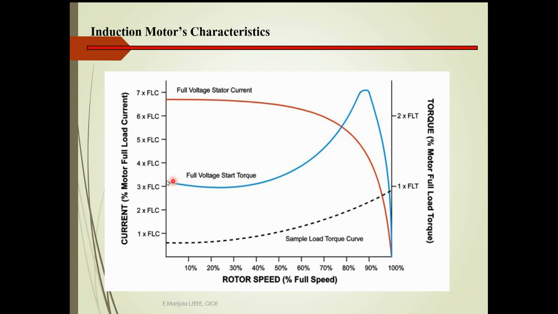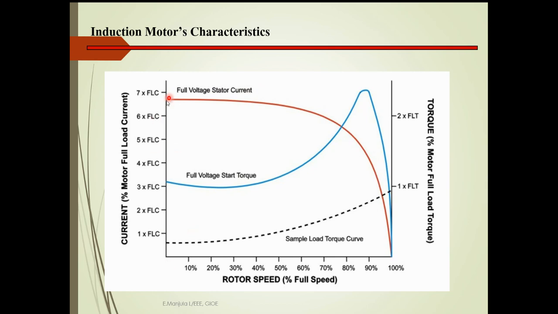Okay. So here the torque is increasing from the starting torque, and at one point it reaches the maximum torque and then decreases. And if we observe here, it is 3 to 4 times the full load current at the starting torque, with full voltage stator current.